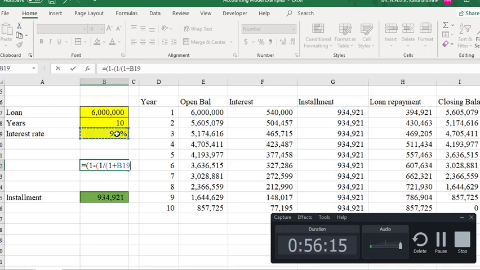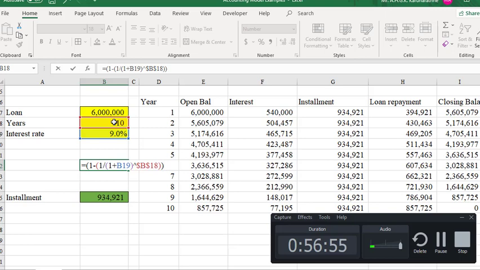What I have done so far is write the formula 1 minus 1 over 1 plus r, with the reference, to the power of the loan period, which is here. If you want, you can make it fixed. Then close the bracket.